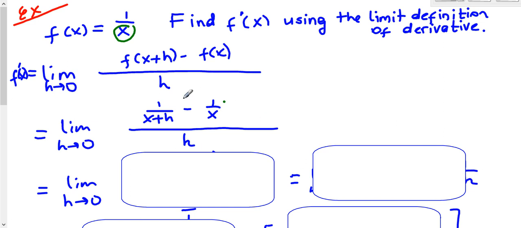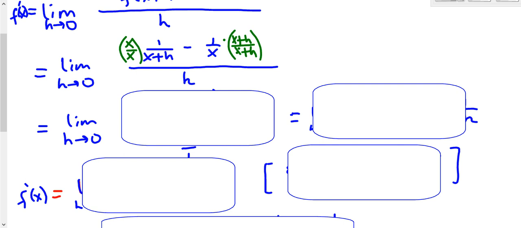Now, to be able to simplify these quantities, I need to get common denominators. So I'm going to multiply this top and bottom by x and this top and bottom by x plus h. And I'm going to rewrite the result in the next line.